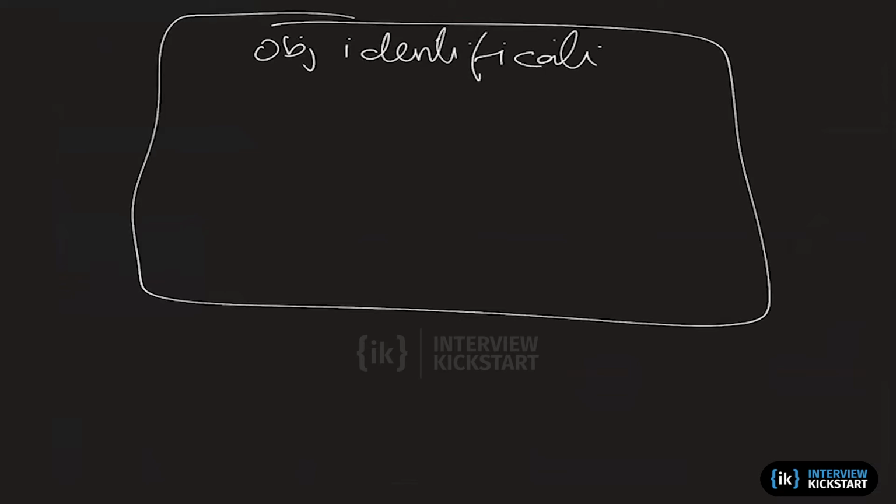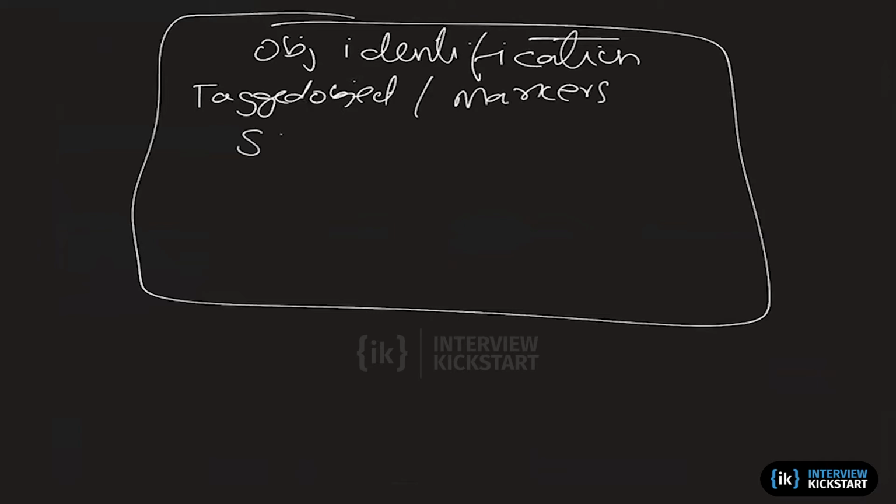So your object needs to be identified, like tagged objects or markers, if you are using markers. Otherwise, something called SLAM. Basically, you are simultaneously doing the localization, and so it's basically unmarked targets. You are doing video analysis.